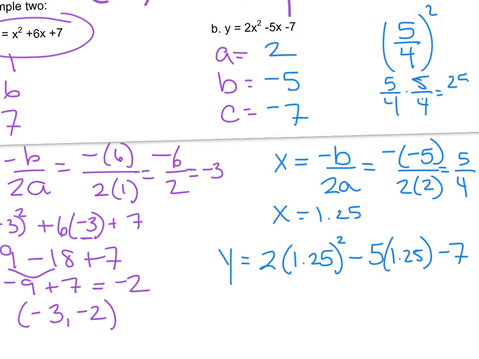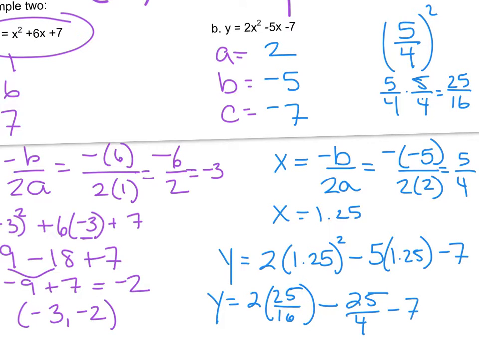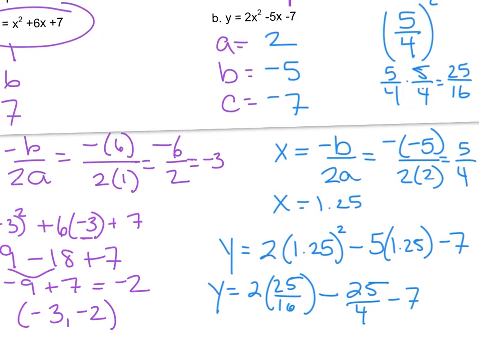This ends up being 25 over 16, because I'm doing 5 and 5 and then 4 times 4. Then down here, I'm just going to do 2 times 25 over 16 minus, if we've got 5 times 1.25, that ends up being 25 over 4, and then we minus 7.